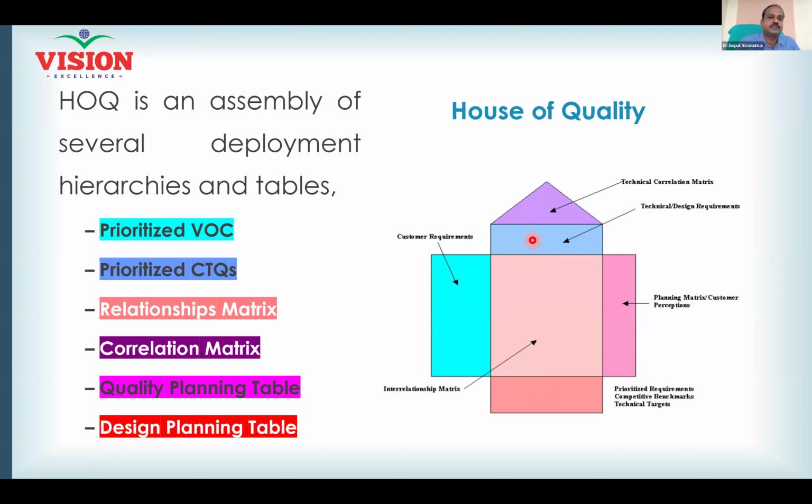That sometimes we call it as multicollinearity. Sometimes we call it as relationship within your factors or relationship within your characteristics. One characteristics will affect the other characteristics. All right. So these are 1, 2, 3, 4, 5. There are 6 different parts of a QFD. Yes.